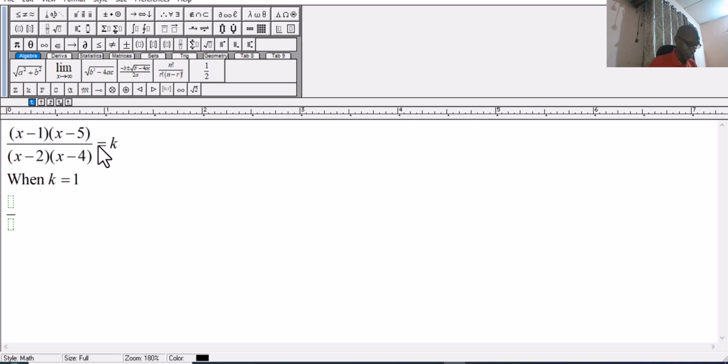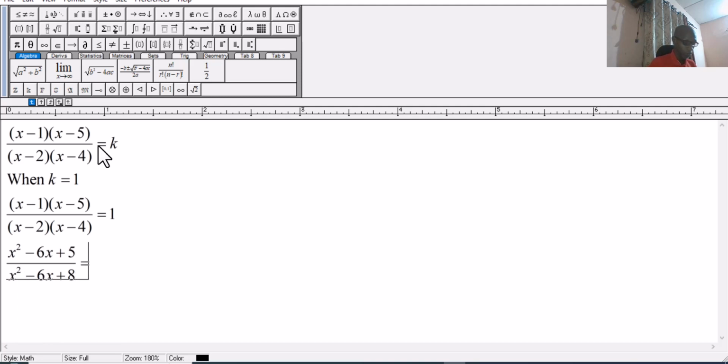Let's open this bracket: x minus 1, x minus 5 over x minus 2, x minus 4 equals 1. Expanding it, that will give us x squared minus 6x plus 5 over x squared minus 6x plus 8 equals 1.